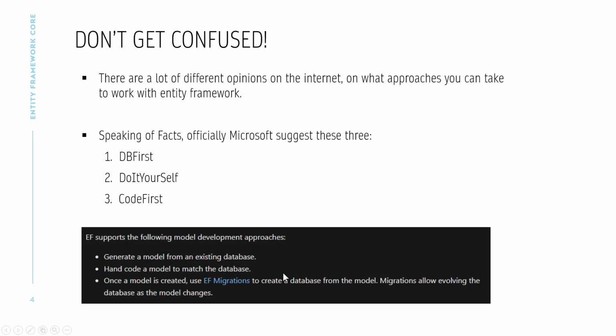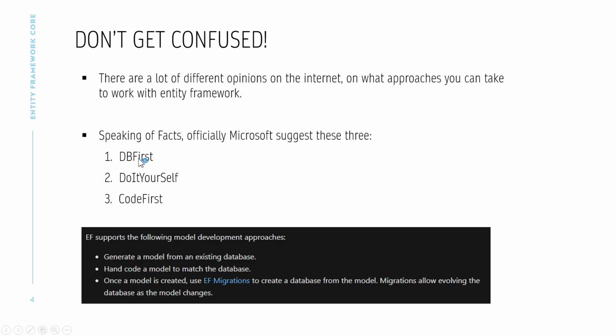This is a screenshot from a Microsoft article. It suggests that the Entity Framework supports these approaches. Generate a model from an existing database. This is the DB first approach. They are saying that you have an existing database and you can generate a model from it. So you can generate your C# models from an existing database.